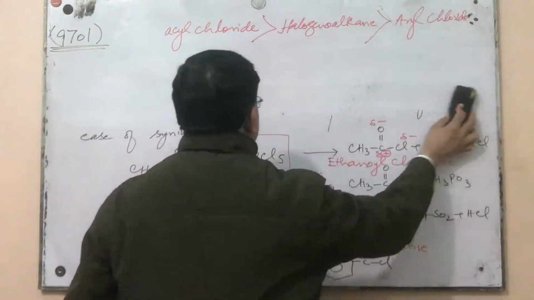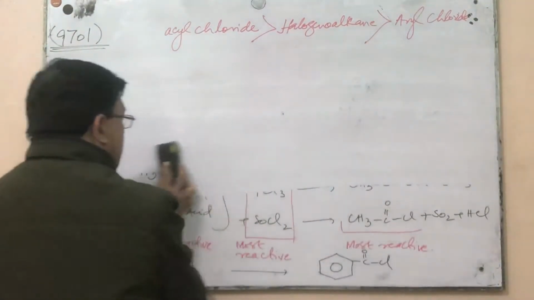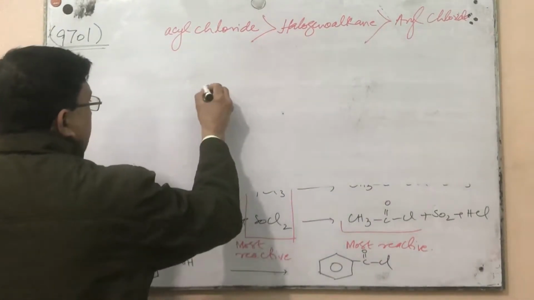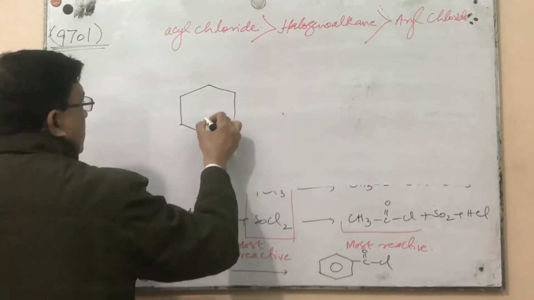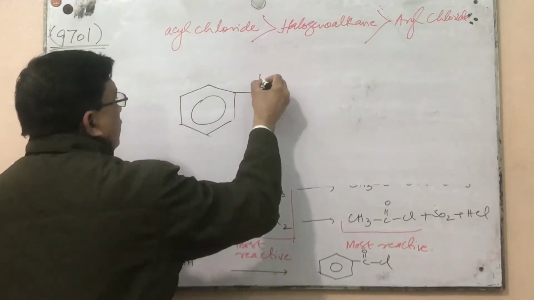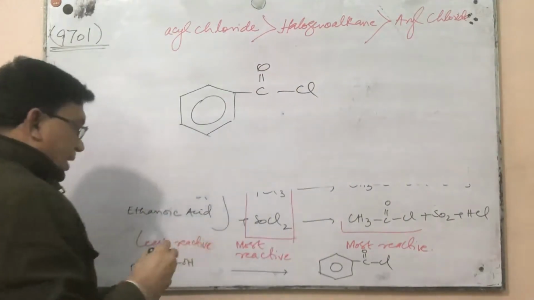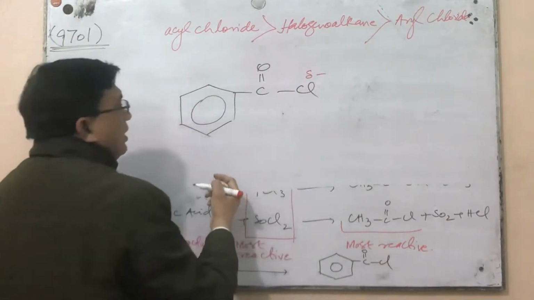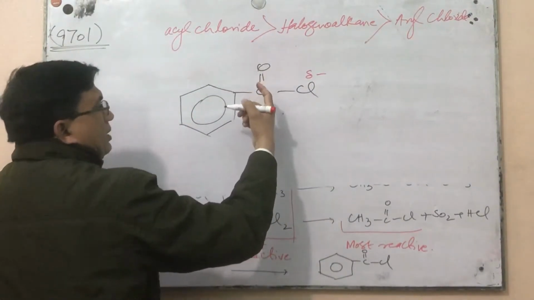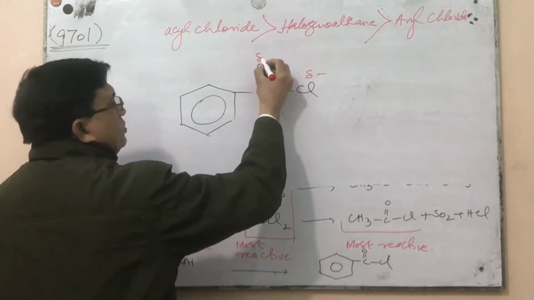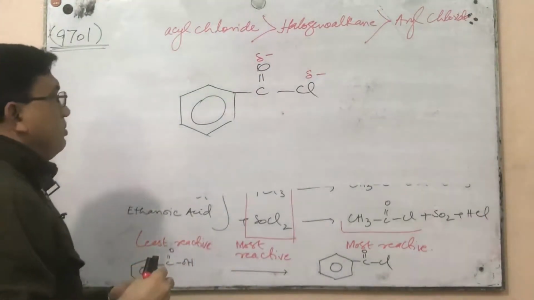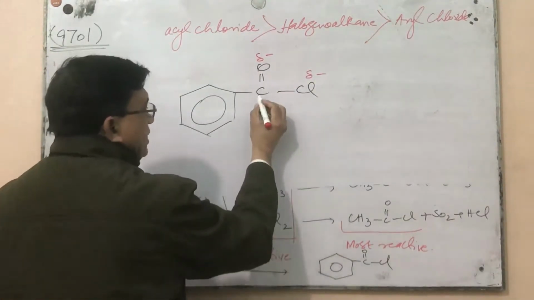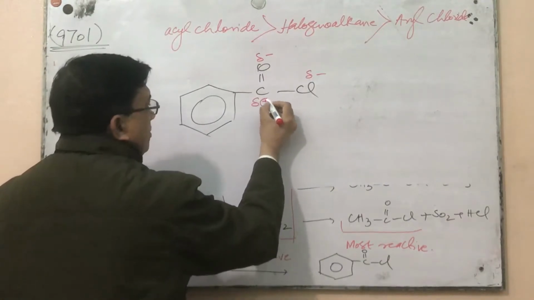The reason is the pi electron system present in the benzene ring. Actually, what is happening? In case of aryl halide, we know that chlorine will definitely attract electrons and will get a partial negative charge. And in the carbonyl carbon, oxygen is also partially negatively charged because the electronegativity of oxygen is more. So a partial positive charge is created here at the carbon atom.